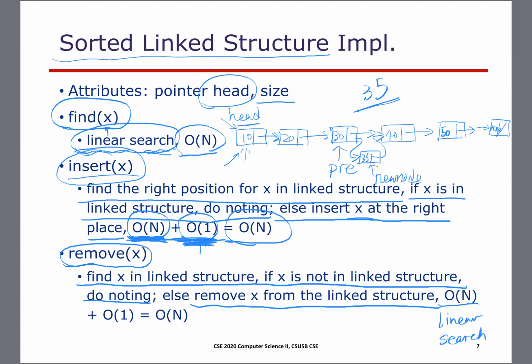Linear search means we start from the head, the front node, and then move to the next, until we find the matching element in the linked structure. Linear search is big O(n). And then removing X from the linked structure is big O(1), constant time. And big O(n) plus big O(1), we still get linear time complexity.